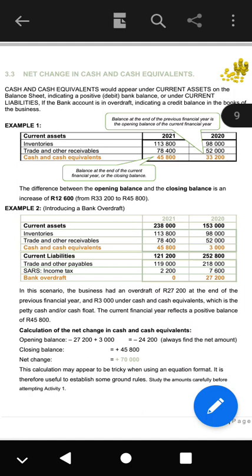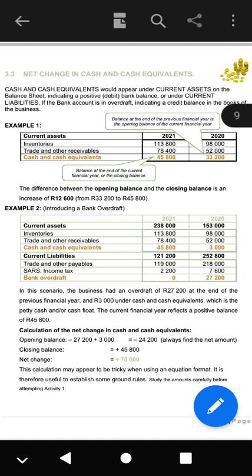Now if you say minus 24,200 plus the 45,800, the net change is going to be a positive 70,000.